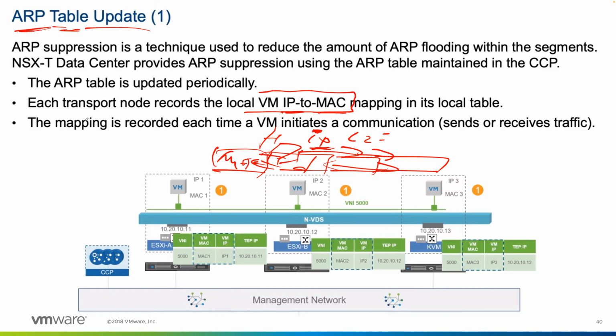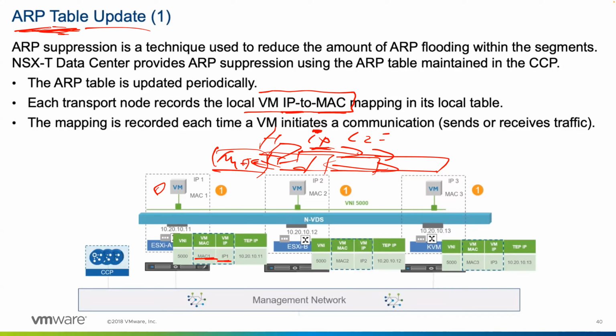So here, for every VM, NSX automatically collects the MAC address 1 and this IP. There's a mapping between MAC and IP. So here we have the ARP table.